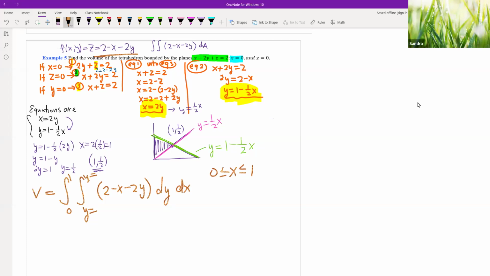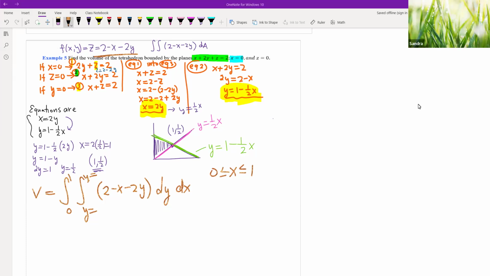Let's go ahead and do y equals, my first function for the y. If I want the y first, go ahead and look at your notes: if we want the dy first, then we're talking about type 1.